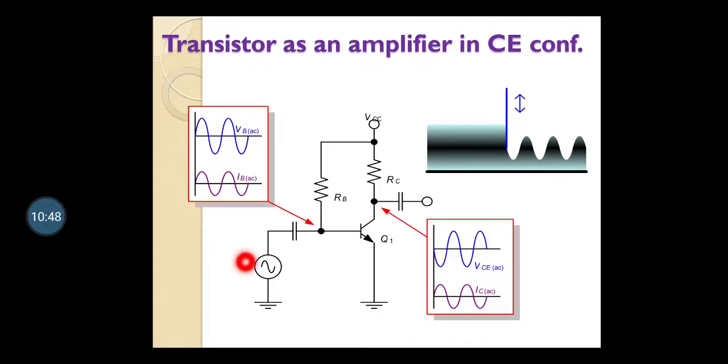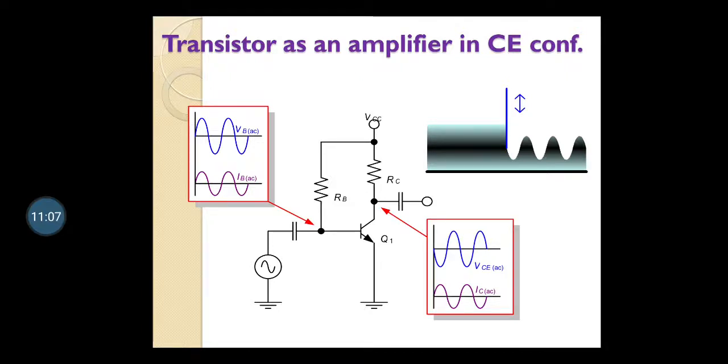When we apply this AC signal to the transistor, the output of the transistor is shown here, and you can see the output is also an AC signal, but in amplified form.